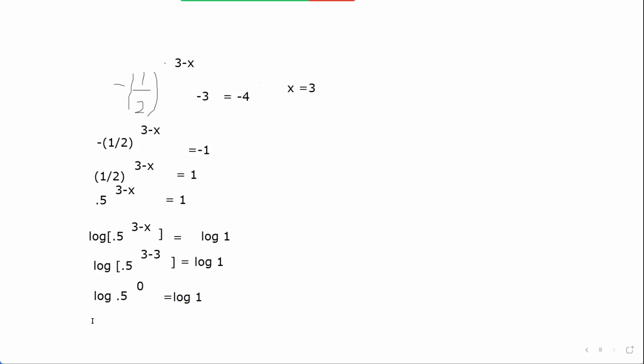And so here, log 1. And actually, you could have stopped here because they're the same. But she went to 0 equals 0. Therefore, 3 is a solution.